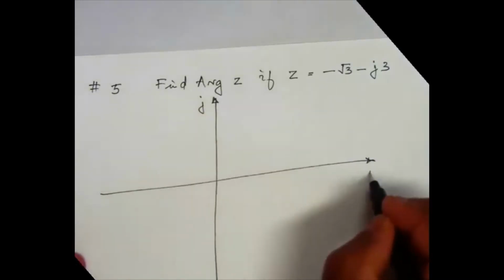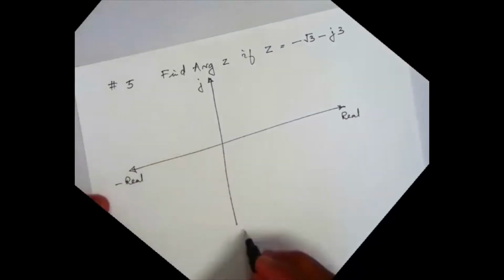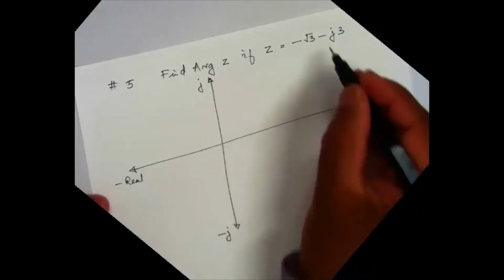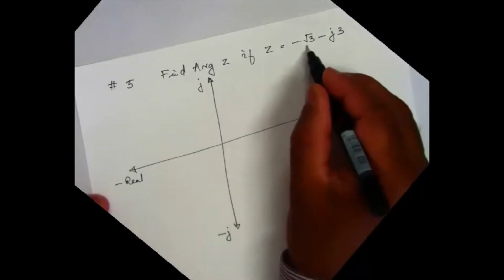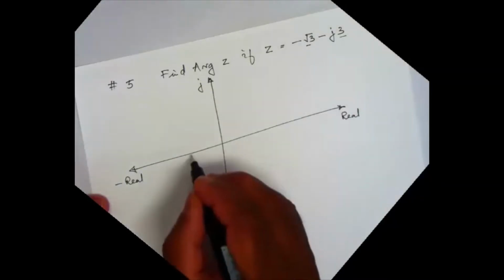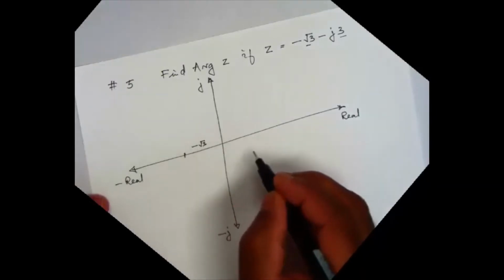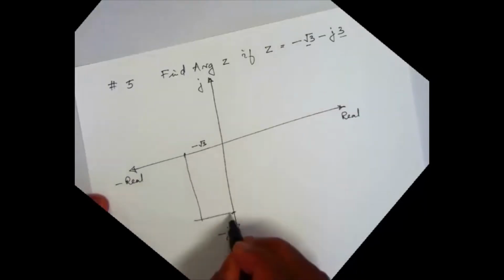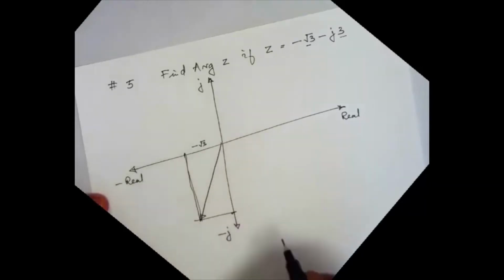So we'll draw our Argand diagram again, and this is negative j. So z will definitely lie in this third quadrant where both the real part and the imaginary part are negative. So this is, say, negative square root 3, and j3 is, say, there. So we know our vector is this now, right?